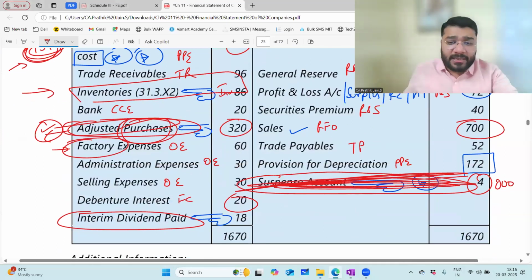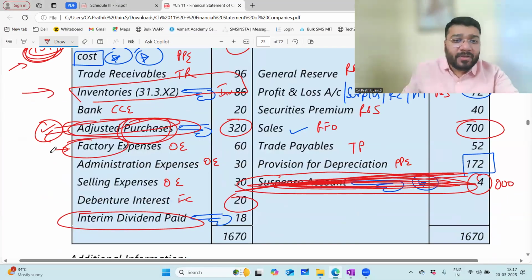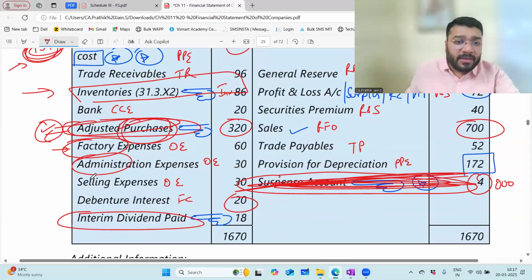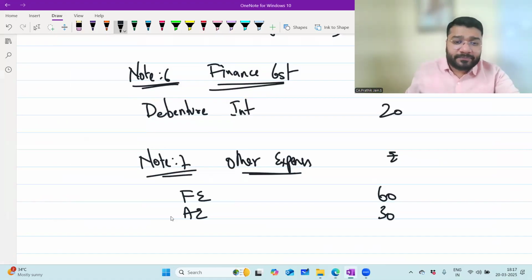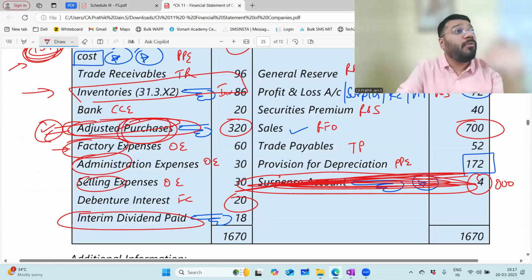Factory expenses, other expenses. How much? 60,000. Okay. Then admin expenses, 30,000. Selling expenses, 30,000. Debenture interest. Sir, already recorded finance cost, sir. Interim dividend paid.